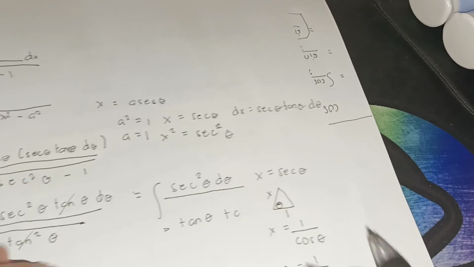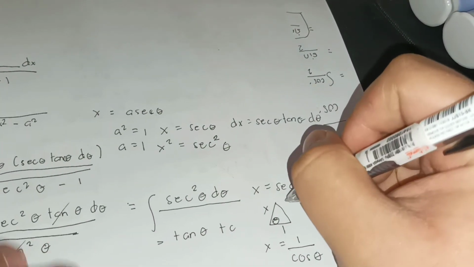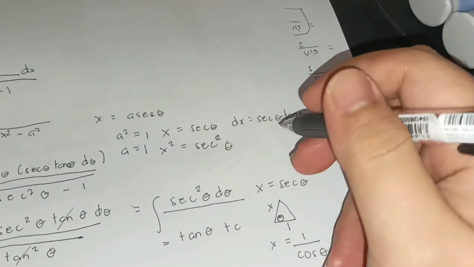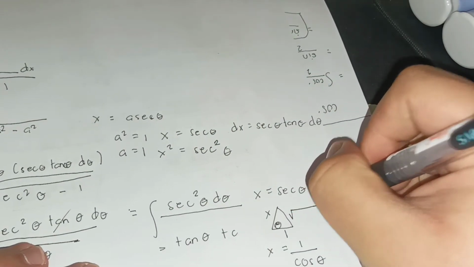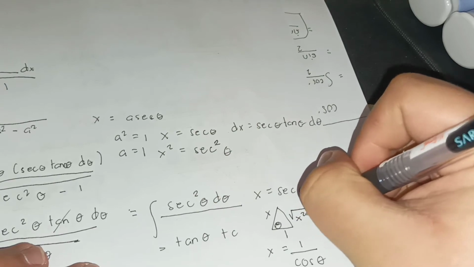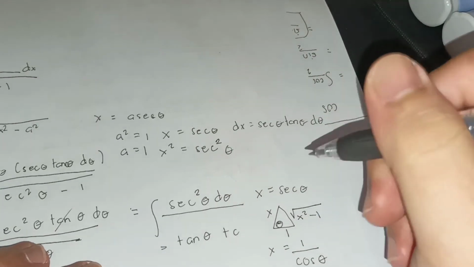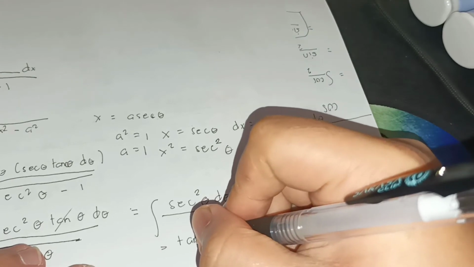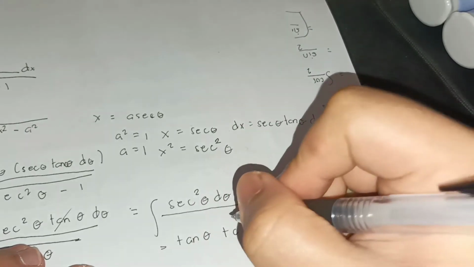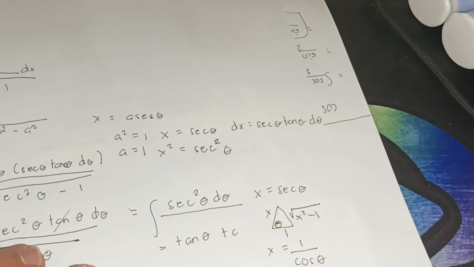Now after that, we will base it from our denominator, which is the square root of x squared minus 1. And everything will be based for solving our tangent theta plus arbitrary constant.